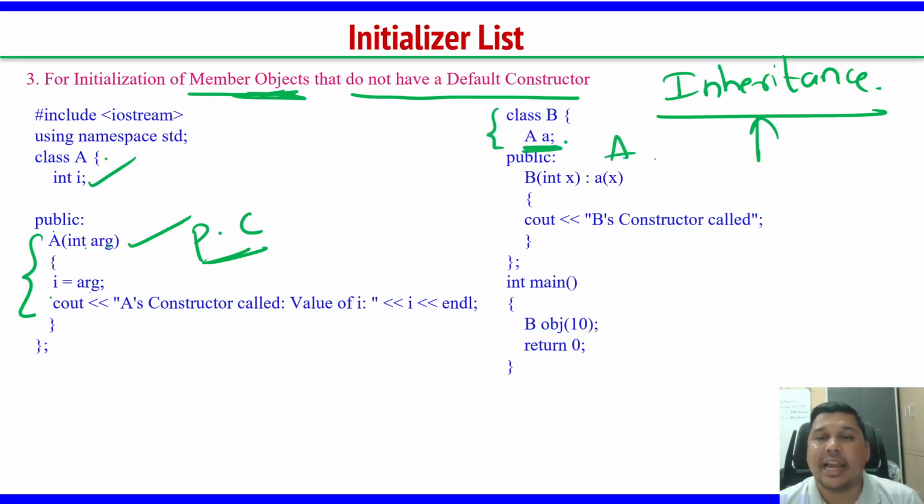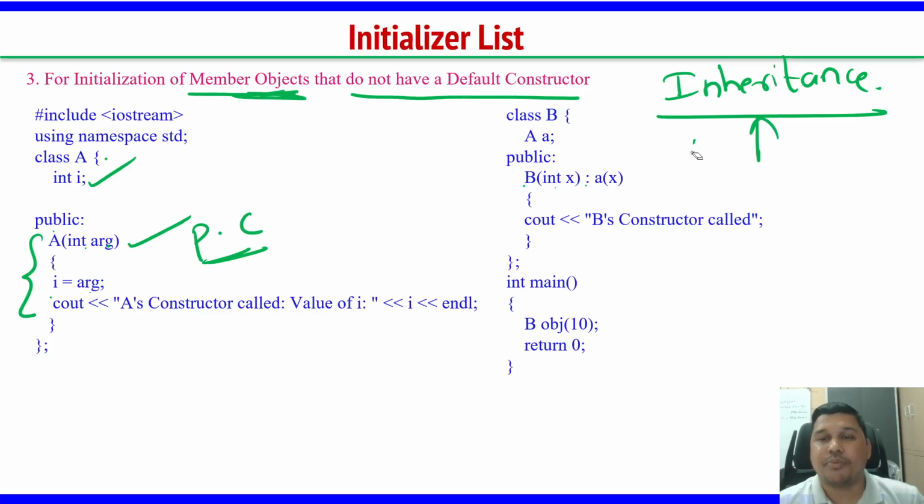See, A of A. Class A exists. I am creating an object a for that. Right. Then public B of int x colon a of x. This is the initializer list. What I am trying to initialize is the object a of class A in class B. That's why I wrote it here.